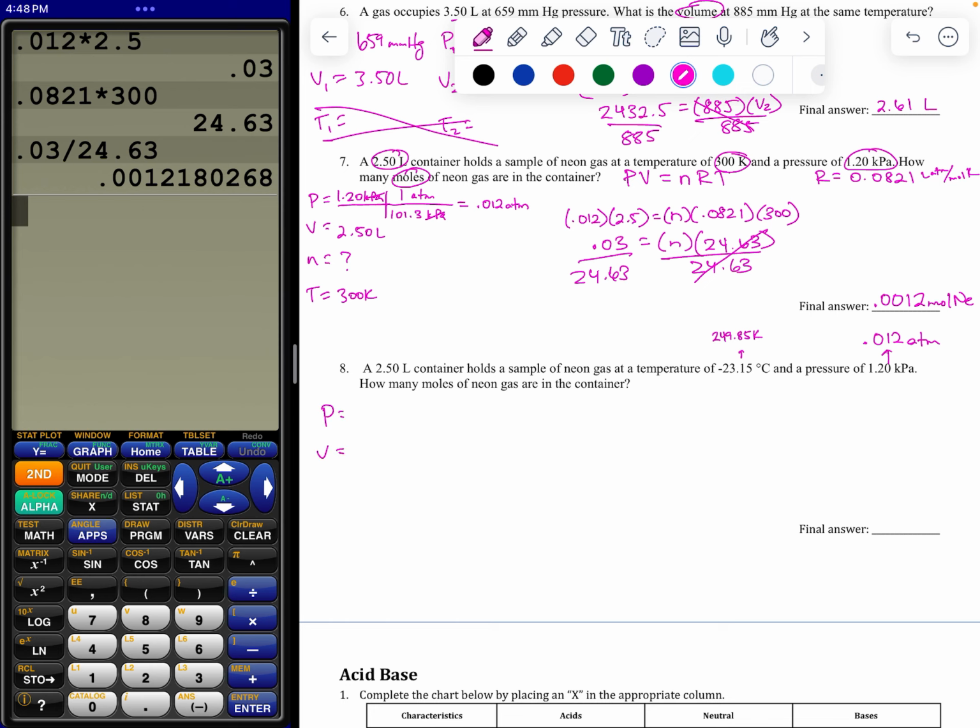And we have liters, so we want moles again. P, V, n, T. We know R always, doesn't change. And we go to work. So that's that. I'm just labeling because that's what I do. 249.85 Kelvin.